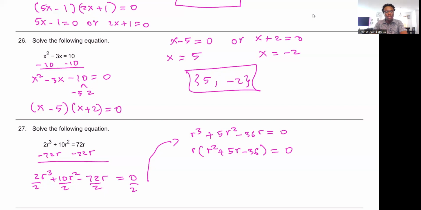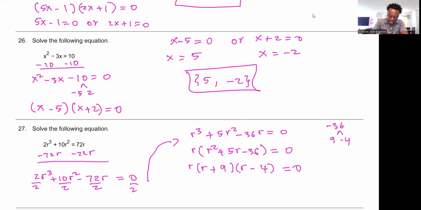Now two numbers that multiply to negative 36 and add to 5 are 9 and negative 4. So the factored form completely will be r times r plus 9 times r minus 4.